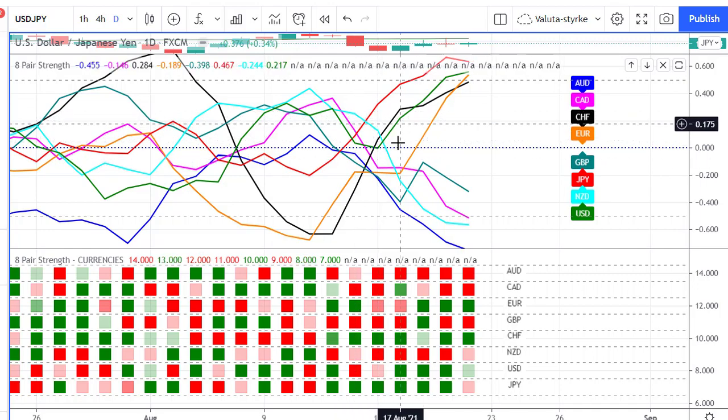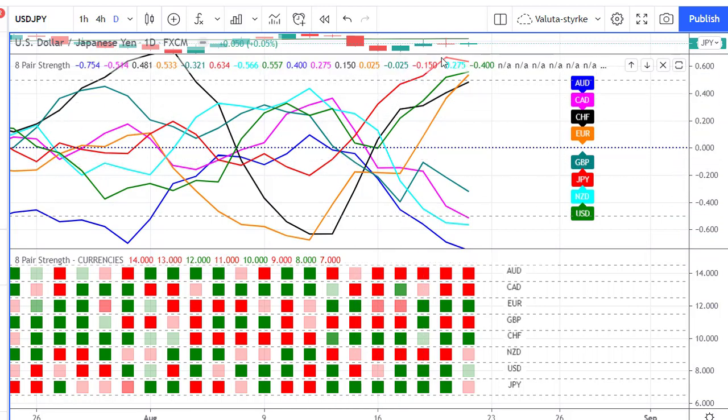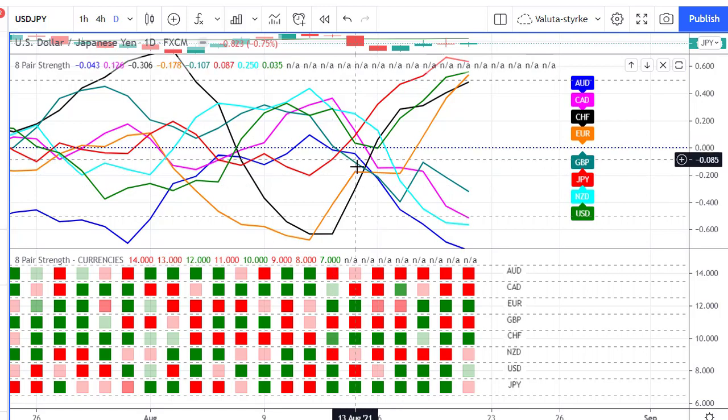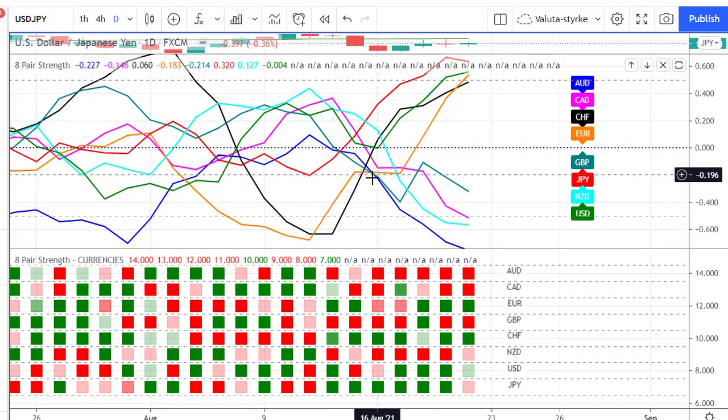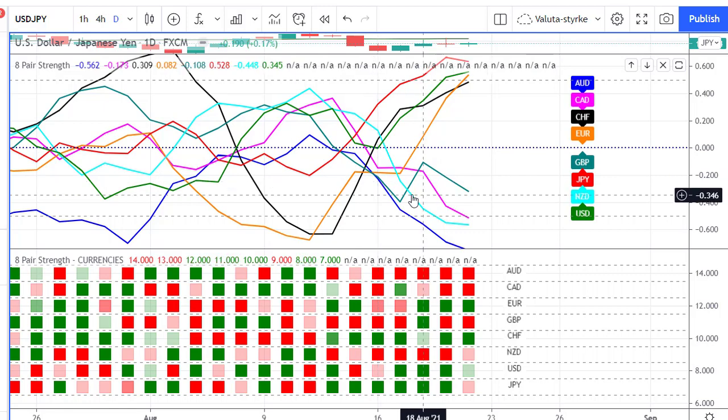It is also stronger than the euro maybe, and the Swiss franc and so on. So when this is going up, we know that overall in most of the pairs the yen is gaining strength. And here we see that the blue line, which is the Australian dollar, these two are crossing each other, and the Australian dollar is going down, meaning that the Australian dollar is losing strength towards many of the others.